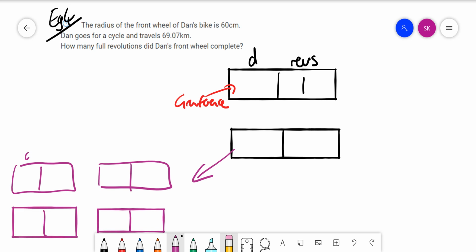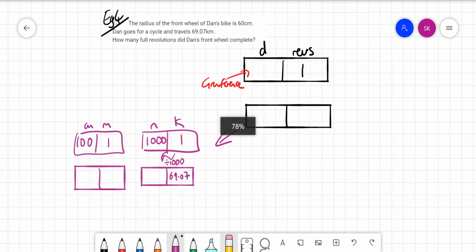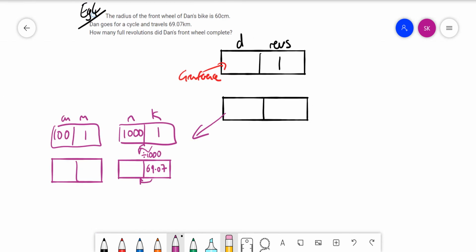So we've got centimeters, meters, meters, kilometers, 100, 1,000. 69.07 kilometers. Connection is divide by 1,000, divide by 1,000, and we get 0.06907.